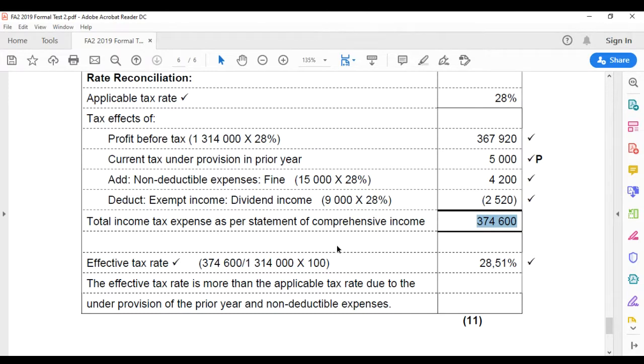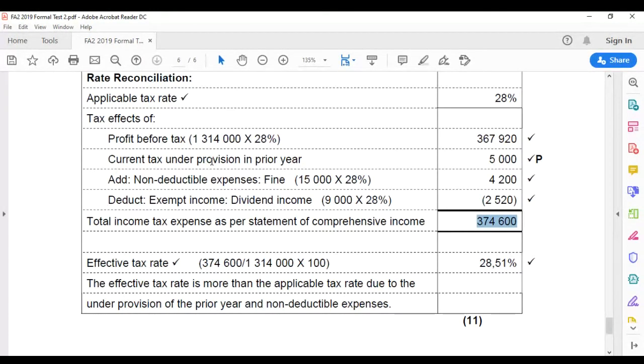He's not paying, or she's not paying 28%, because clearly what I see in front of me on the face of the statement of comprehensive income is profit before tax, 1,314,000 rands, and in the very next line I see an income tax expense of 374,000. Why? Right, now we can go and explain to the reader.